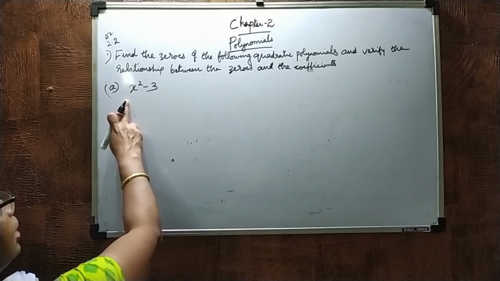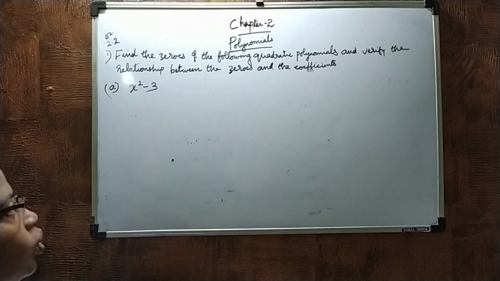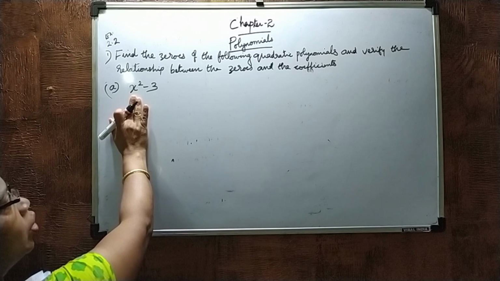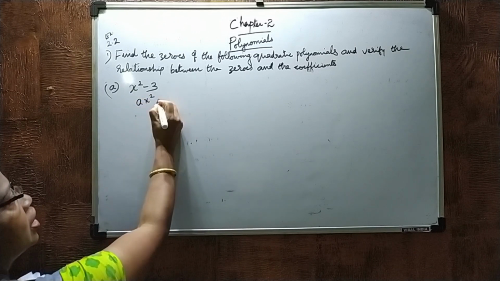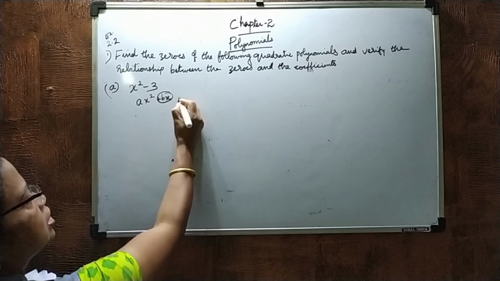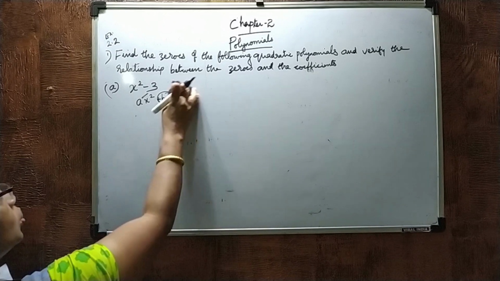Here only ax square and c are given, bx is not there, it is missing. Ax square and c is given. So just you have to do like this.